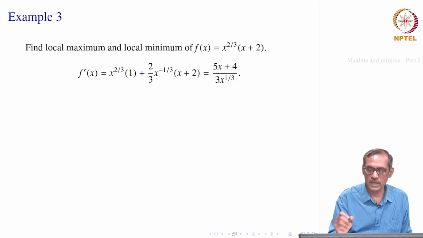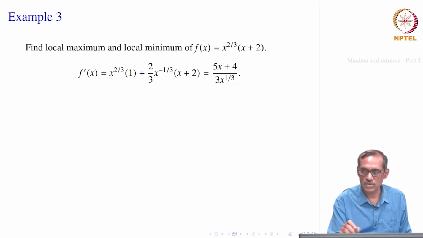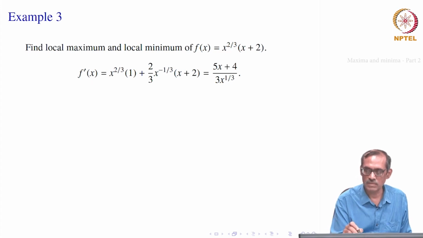Now, we find the derivative. The function is x to the power 2 by 3 into x plus 2, a product of two functions, f into g. So, first we take f times the derivative of g, f g prime. Here f is x to the power 2 by 3, and the derivative of x plus 2 is 1.